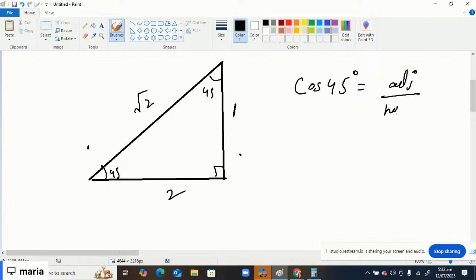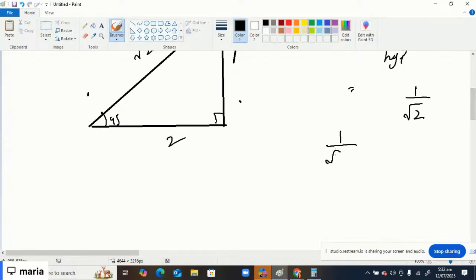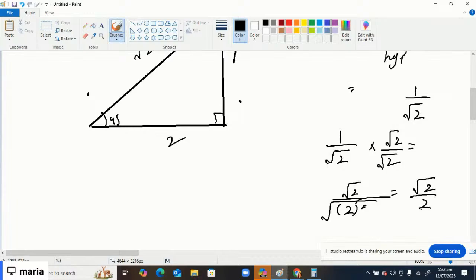Adjacent over hypotenuse. What is the adjacent? 1 by square root 2. If you solve it more, multiply by square root 2 over square root 2, this becomes square root 2 over 2.